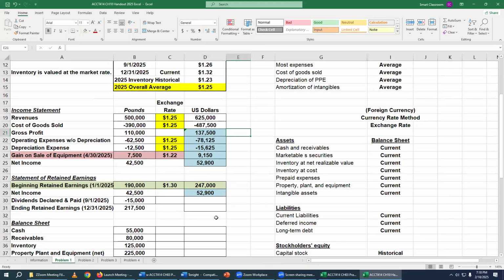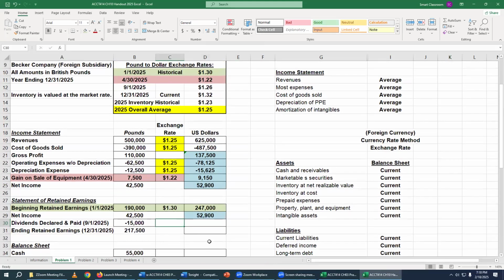Dividends are declared on a specific date, so we will take that date, which is 9/1.